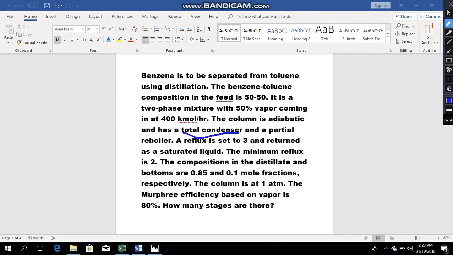That's what it means in the total condenser. And this is a partial reboiler. From the word partial, of all the liquid that is fed in this reboiler, only a percent of this liquid is vaporized. So in other words, not all the liquid that is fed is vaporized.